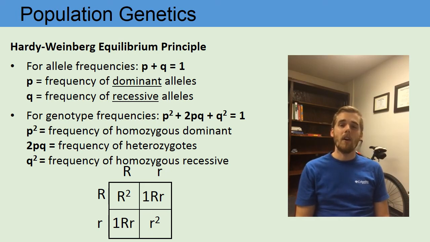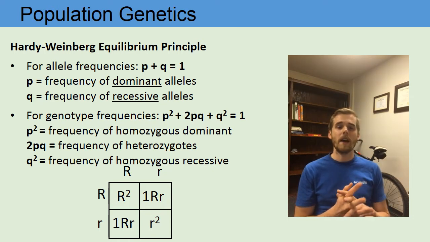In other words, adding all of the different genotypes together gives you 100% of the genotypes for that particular trait. So p squared is equal to the homozygous dominant genotype, 2pq is equal to the heterozygous genotype, and q squared is equal to the homozygous recessive genotype.